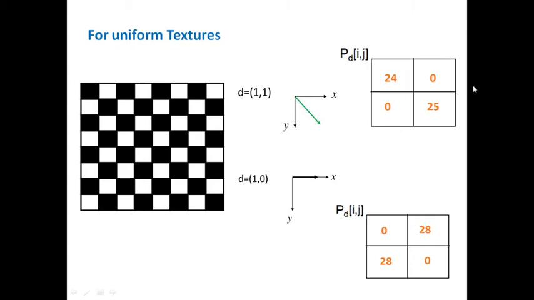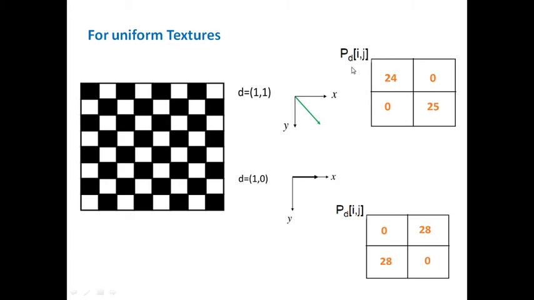So P_d of i comma j: 0 and 0 means the first is a black pixel and the second is also a black pixel.